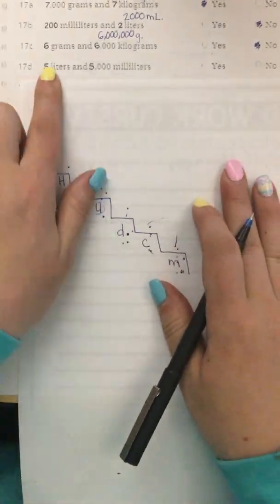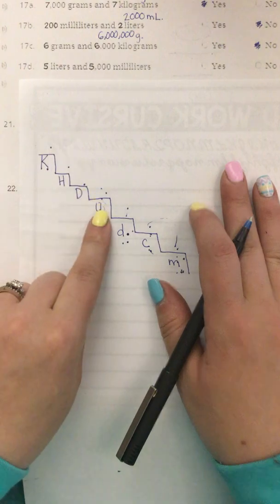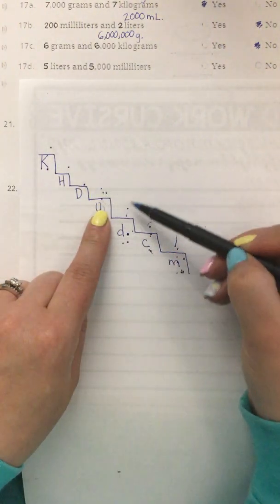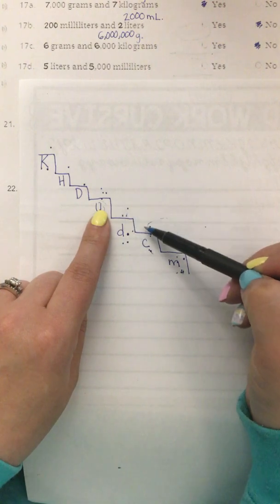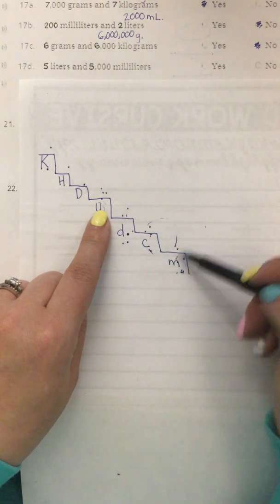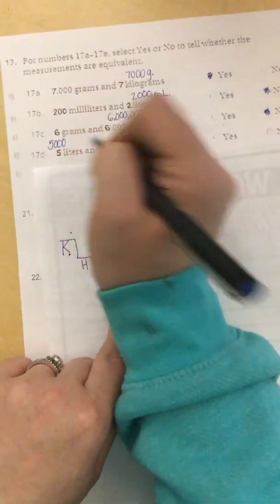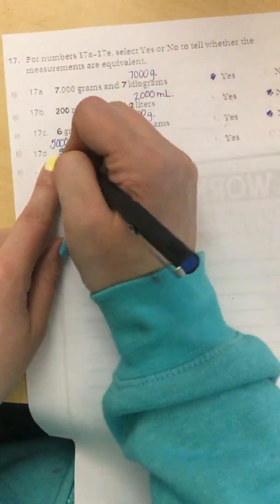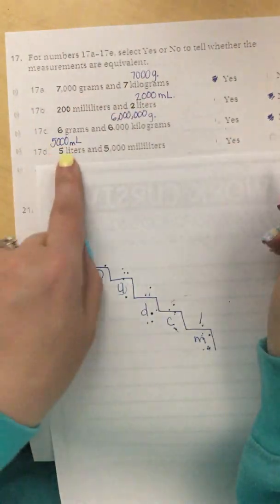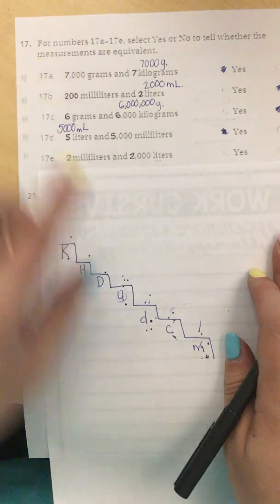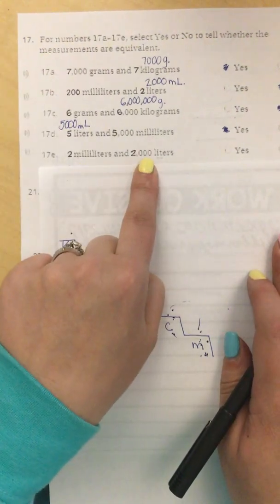All right, going from liters and milliliters. I'm going to start at my liters. I'm going to go all the way down here to milliliters. So I have 5 times 10 is 50, times 10 is 500, times 10 is 5,000. So 5 liters is 5,000 milliliters. So yes, they are correct and equivalent. Last one, 2 milliliters and 2,000 liters.